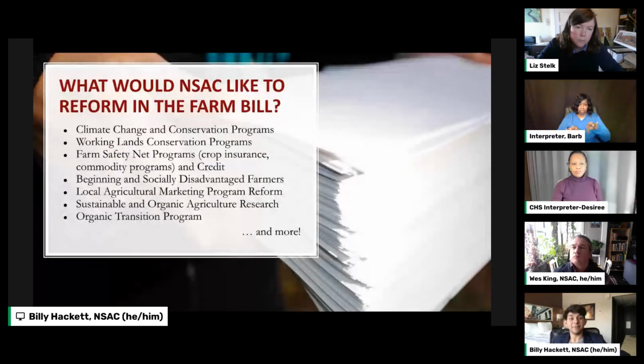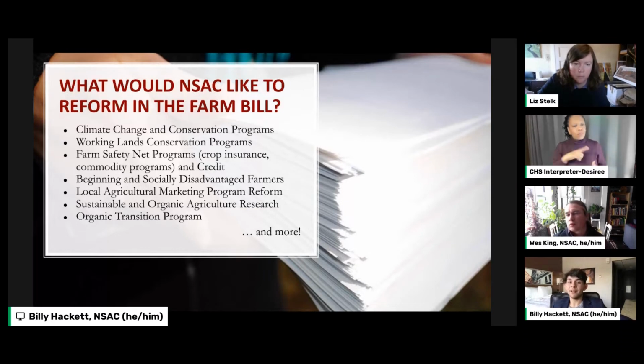NSAC, again, is in the policy development phase right now, but we want to see more support for climate change and conservation programs. We need to meet the moment. Working lands conservation programs. We want to see reform to the farm safety net programs, thinking crop insurance, commodity programs, and credit, which overwhelmingly right now support a very specific conventional industrial model of agriculture.